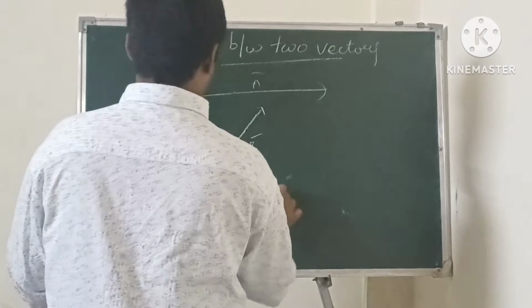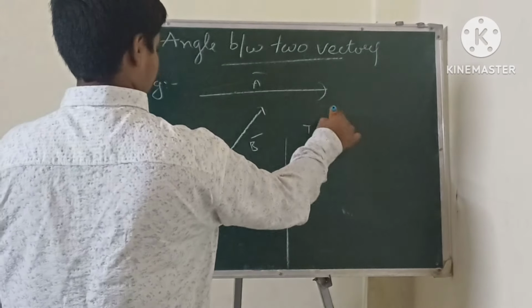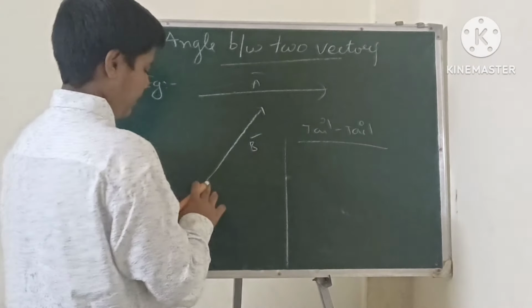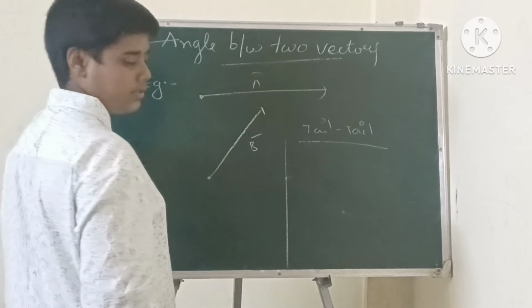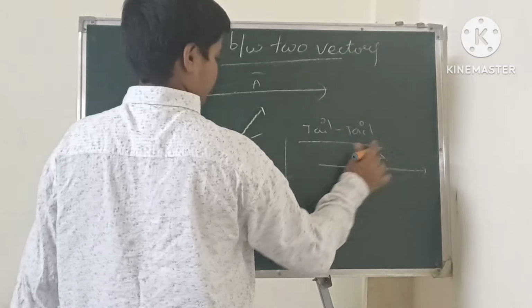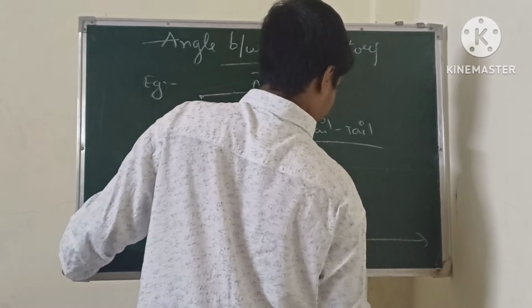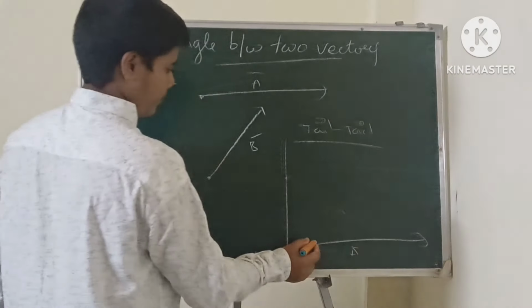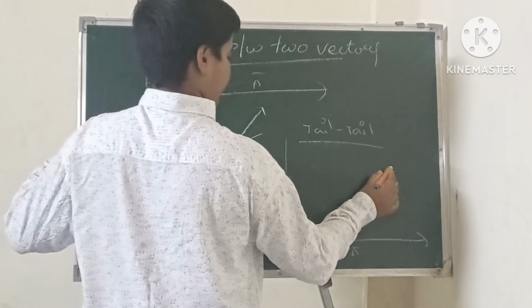First we will see tail and tail. Here B bar's tail is here and A bar's tail is here, without changing direction and magnitude.